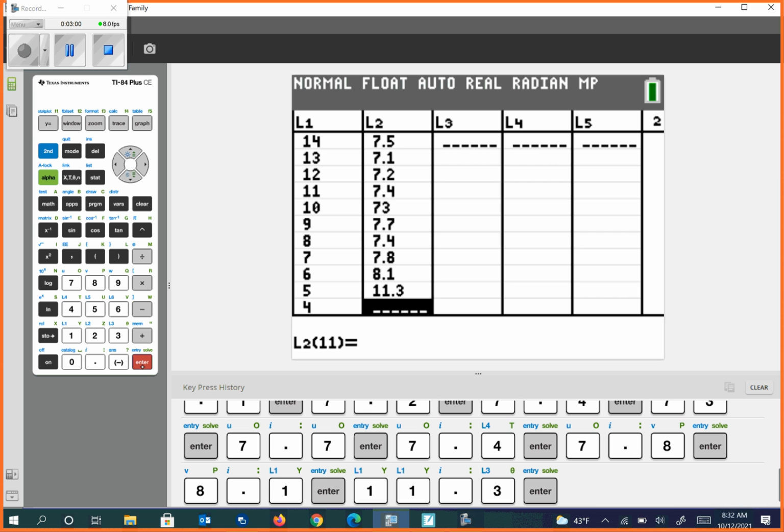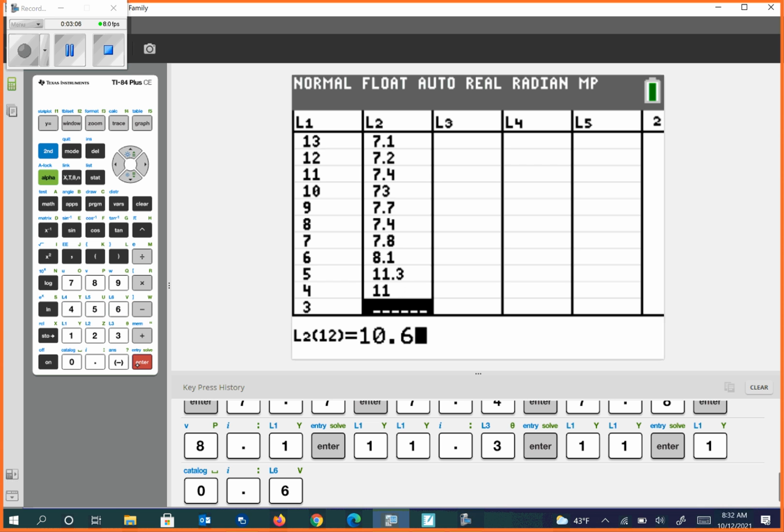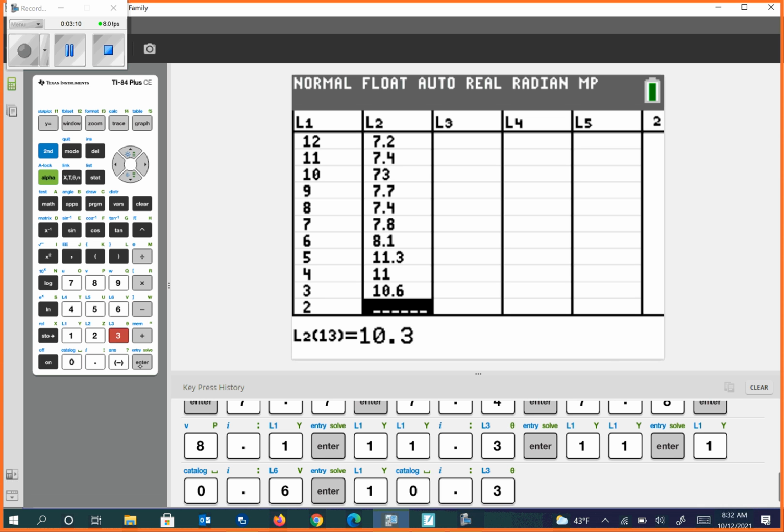Wow, 11.3. Jeez. 11, 10.6, and 10.3. Good, my rows lined up. I believe I have it in there correctly.